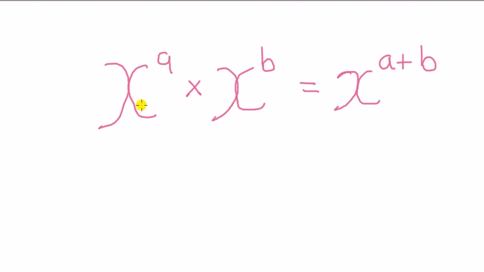Another thing to note is that the x here can be whole numbers, fractions, negative, or positive. The a and b are numbers. They can be different numbers or they can be the same number. And these powers can be whole numbers, fractions, negative, and positive.